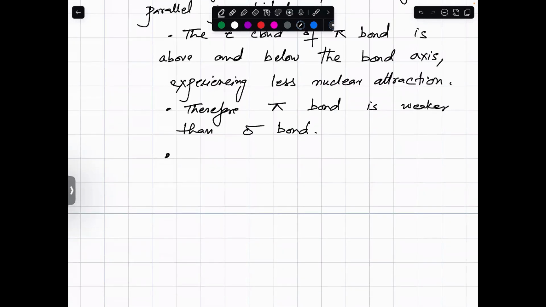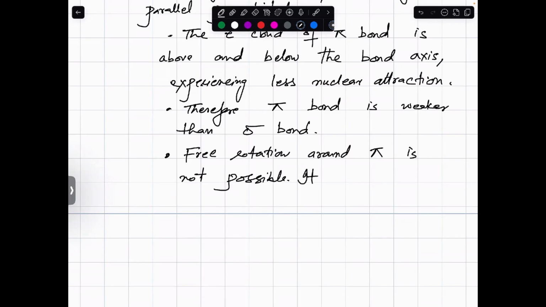And free rotation around pi is not possible. It breaks the pi bond.